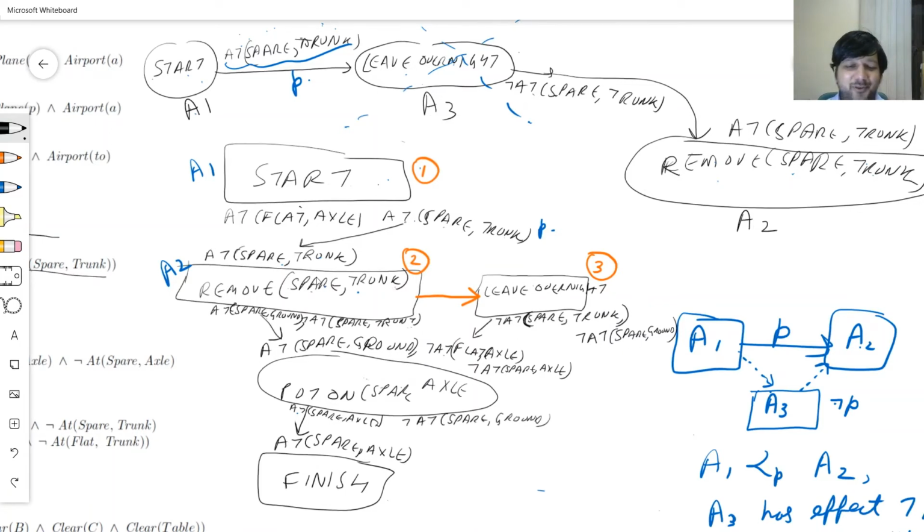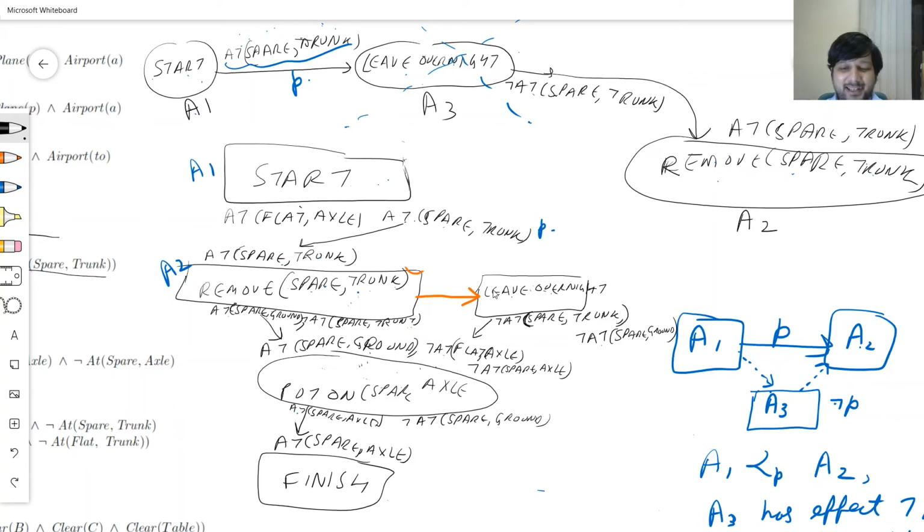Because remove spare comma trunk achieves at spare comma ground for put on spare comma axle. So because leave overnight produces not at spare comma trunk, not at spare comma trunk is a variable p, and beyond this variable p, leave overnight is also a threat to this pair.